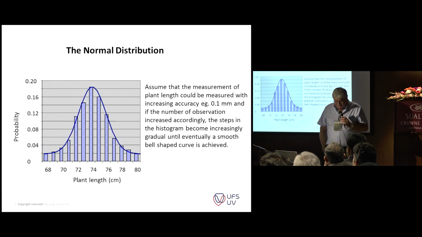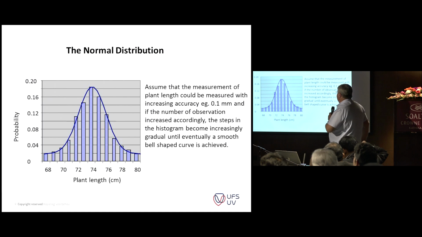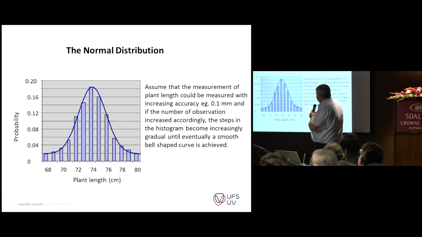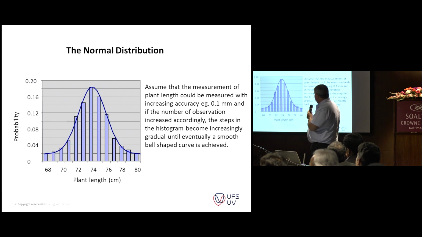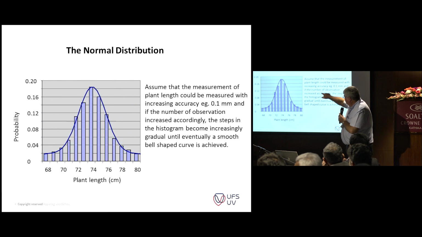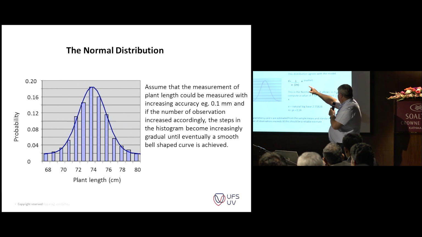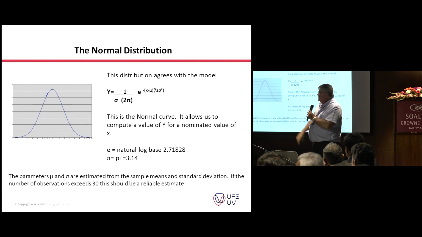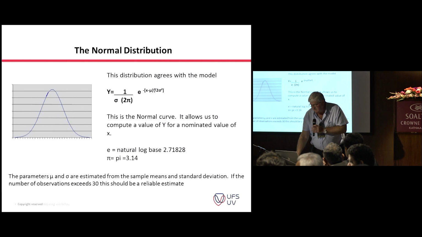The normal distribution is what most statistics is based on. And what we do is we assume that populations are normally distributed, and if we can see on that graph, we can draw up a probability curve, and we can then use various maths to work out what the probability of an event is.